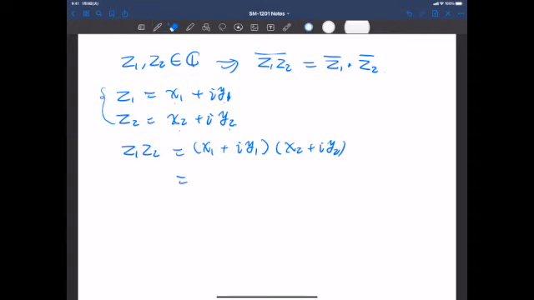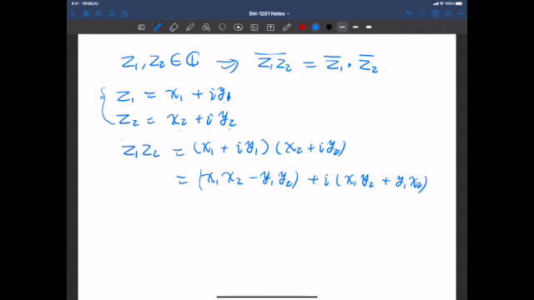And that is x1x2 minus y1y2 plus i times x1y2 plus y1x2.